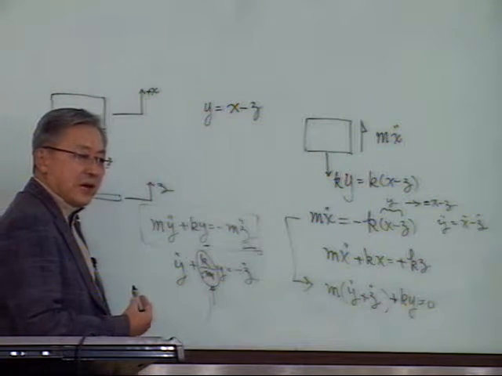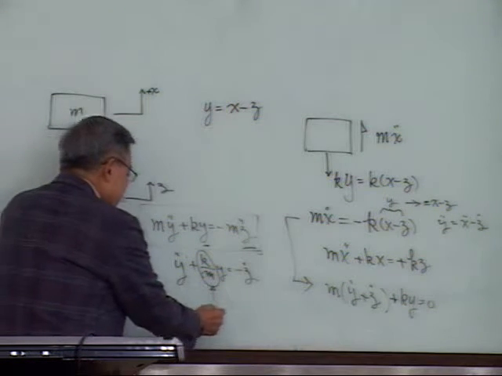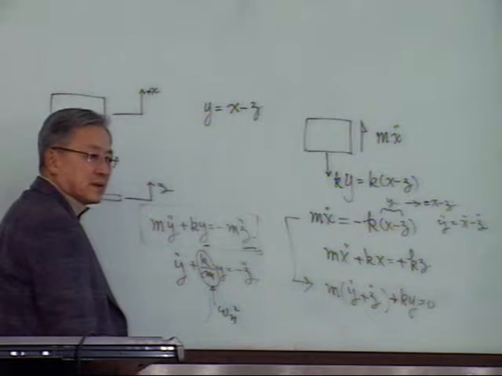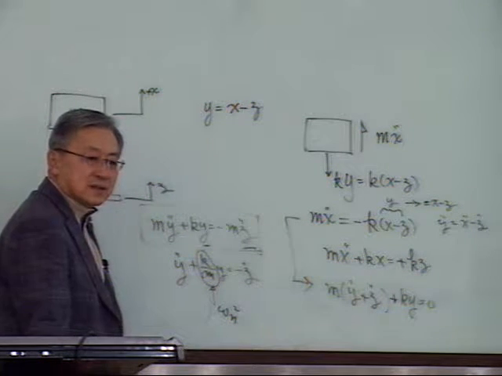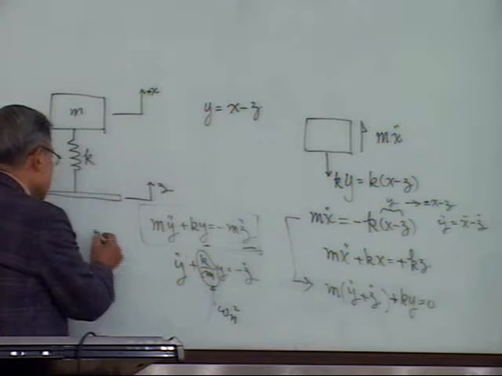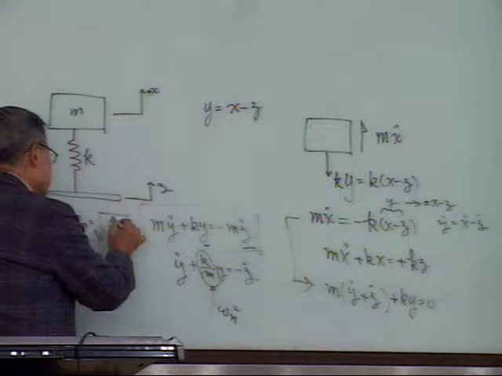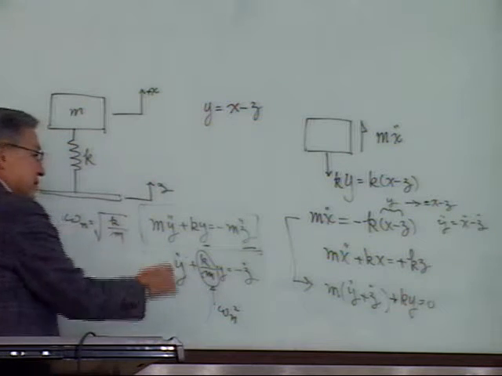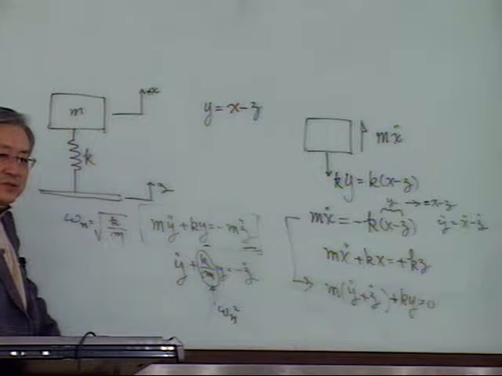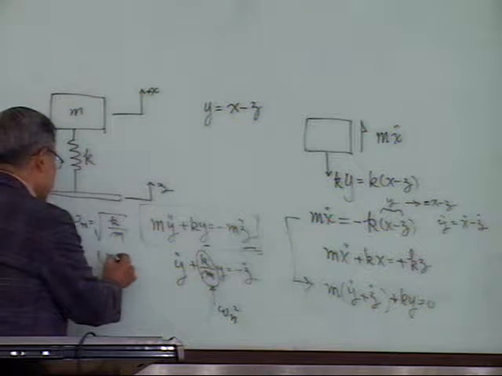Usually called the natural circular frequency, because this is omega n squared. Omega n is radian per second, right? So omega n is the square root of k over m. This you will never forget, whether you learn acoustics, underwater acoustics, vibrations, or shocks. So this is radian per second.